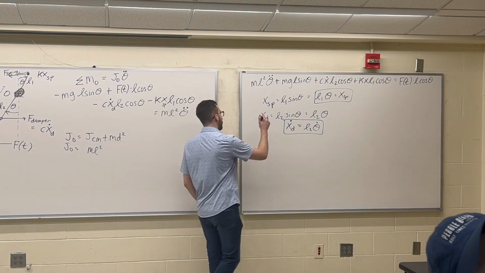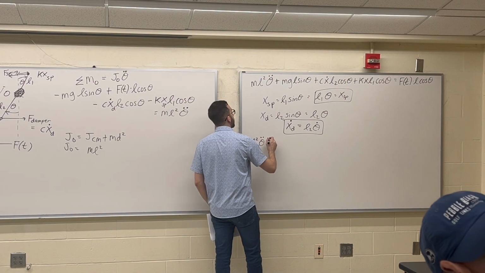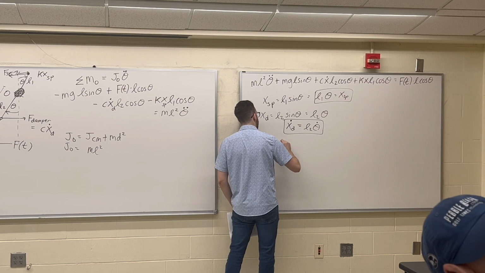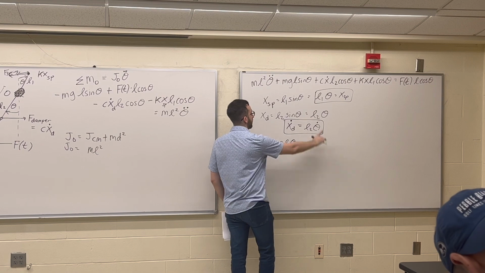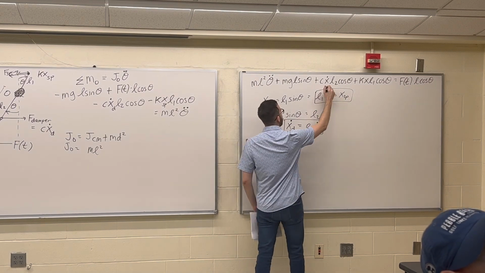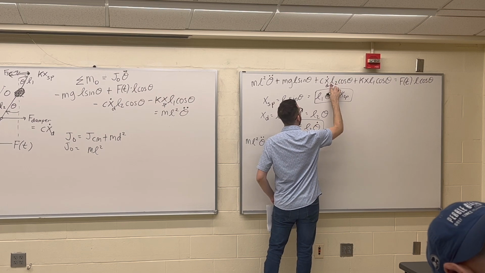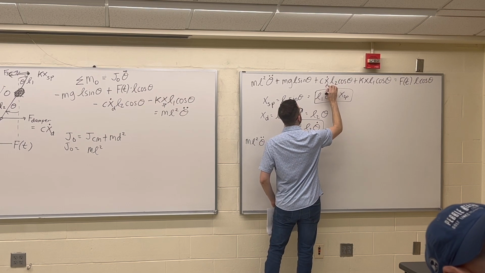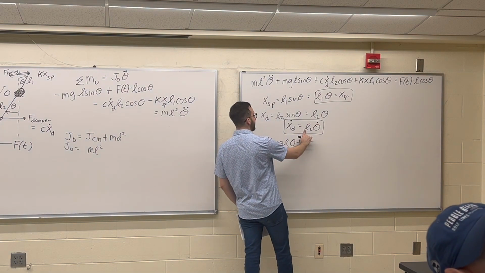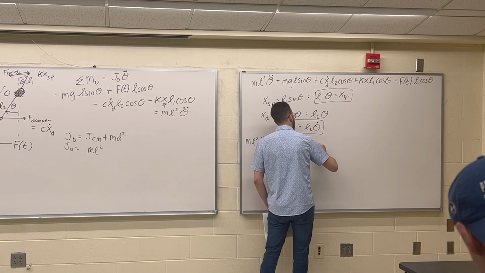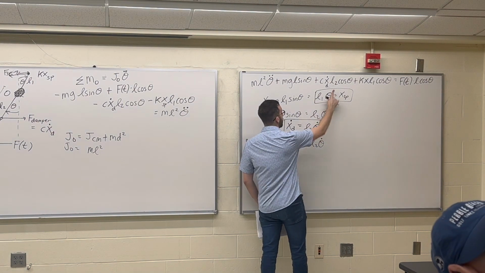So now we can plug all this stuff in. You get ML squared theta double dot plus MGL sine of theta becomes theta, plus C XD dot, that's the damper. XD is what I called it. Plus C XD dot, that's L2 theta dot, times cosine theta, times another L2.